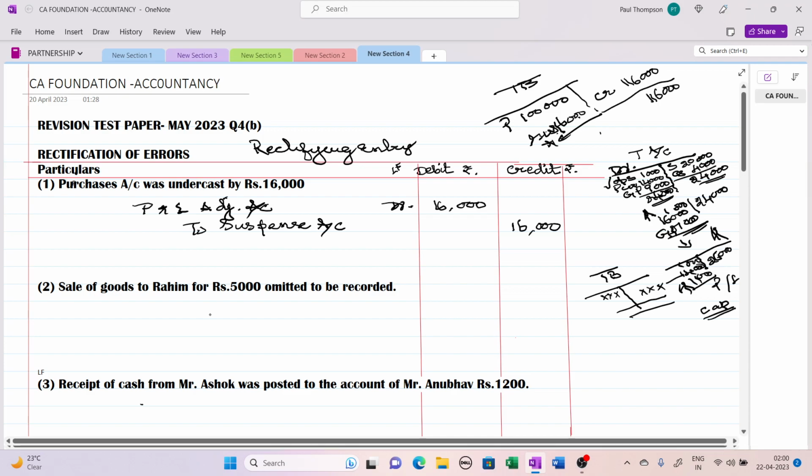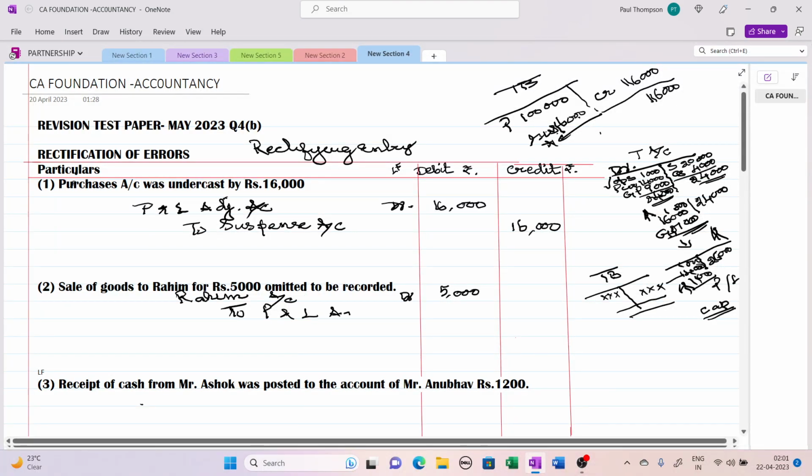Let us now record it, but we can't touch the sales account because it is a nominal account. Instead of the sales account, we have to use the P&L adjustment account, as simple as that. So as usual, I am going to debit Rahim account. It is a personal account. Rahim account debit 5,000 to P&L adjustment account, because I can't touch the sales account.